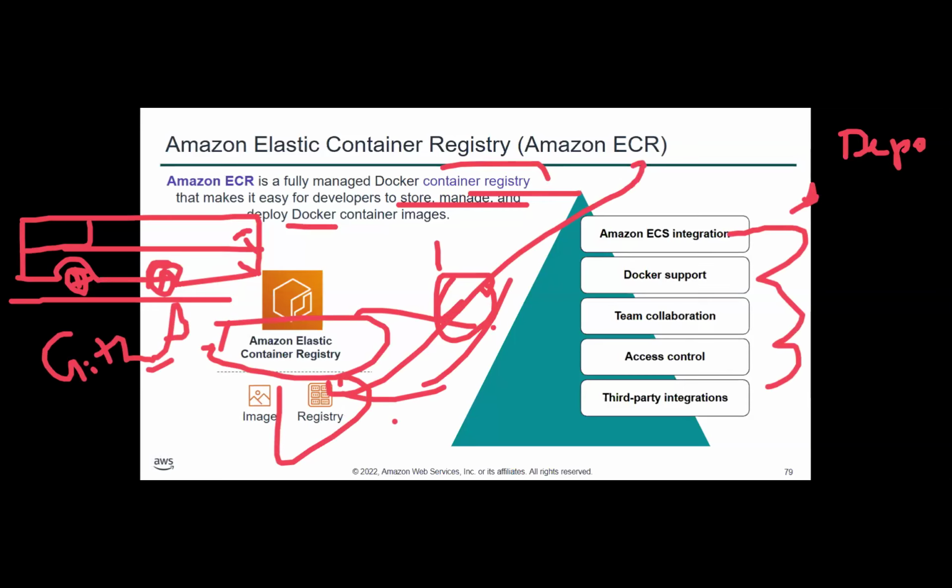Storing means that is a repository, correct na? Same thing here. This ECR is like a repository where it will contain all the images, content, store everything. If something happens to some system, it will provide its support and give its copy also, and you can recreate it, and it will support third party integrations as well.